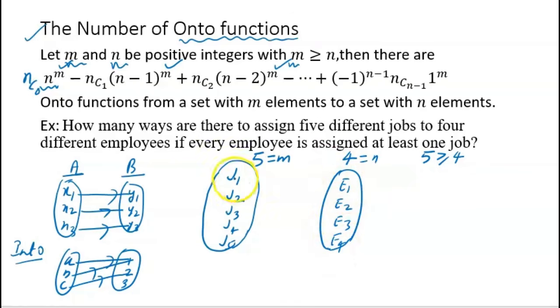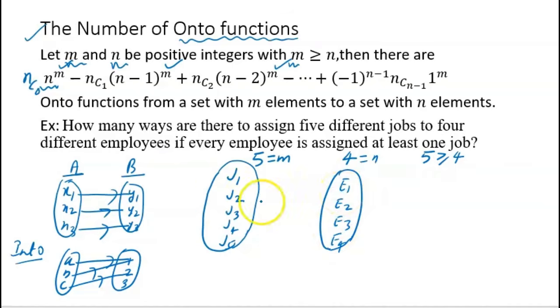E1 must have a job assigned to him. Employee 2 must also have a job assigned to him. That is the requirement of an onto function: every element should have a pre-image. None of the elements should be left out.